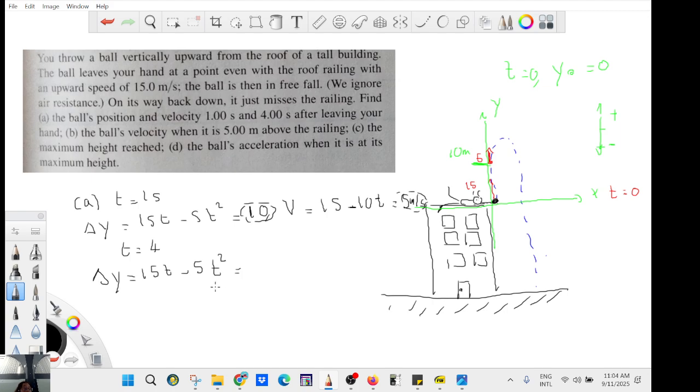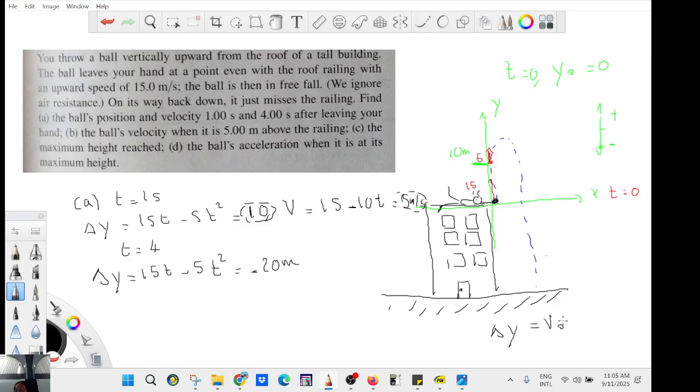So 10 is easier, right? So it's going to be 15 times 4 minus 5 times 16. And you get the kinematic equation. Yes. So what do you get? Negative 20.